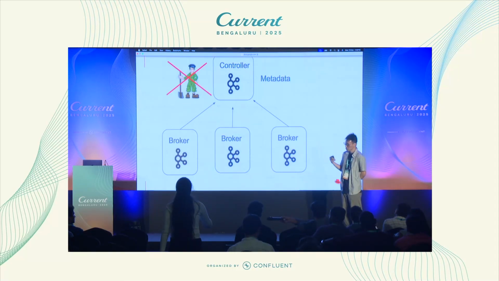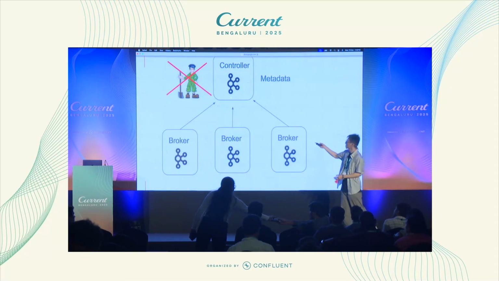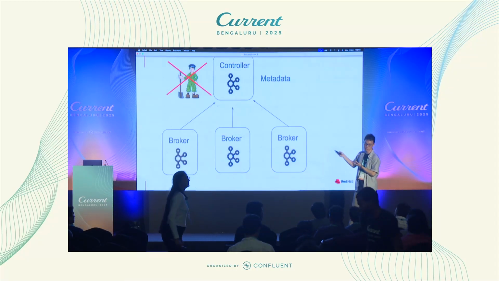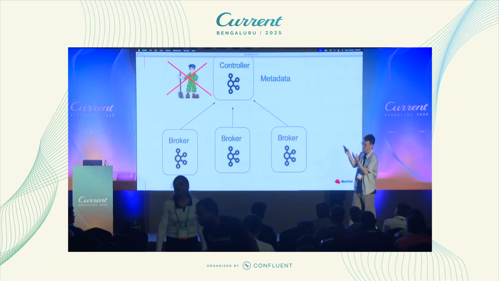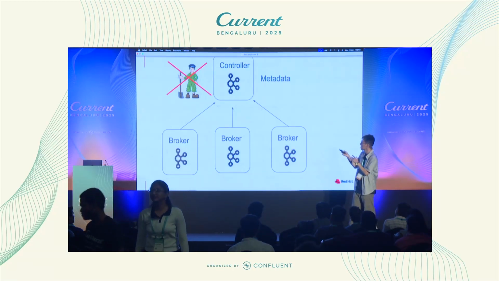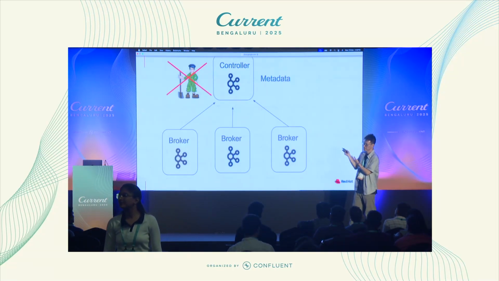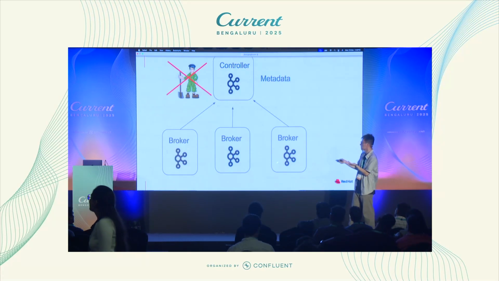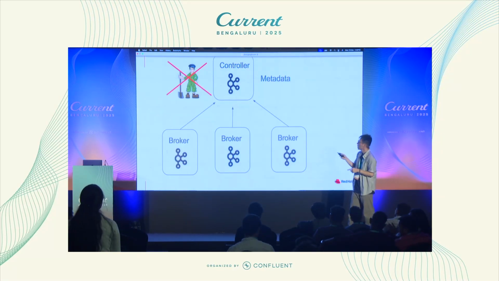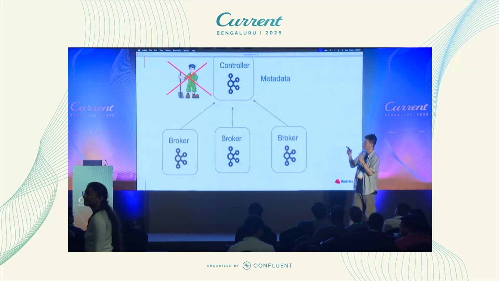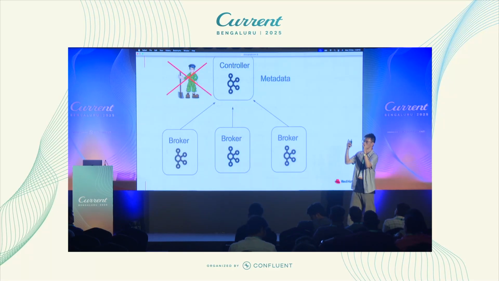So basically, it's just like another controller. It stores the metadata in another topic inside the controller node, and otherwise it just works as another broker. Besides, KRaft means it's using the Raft protocol to form the quorum.